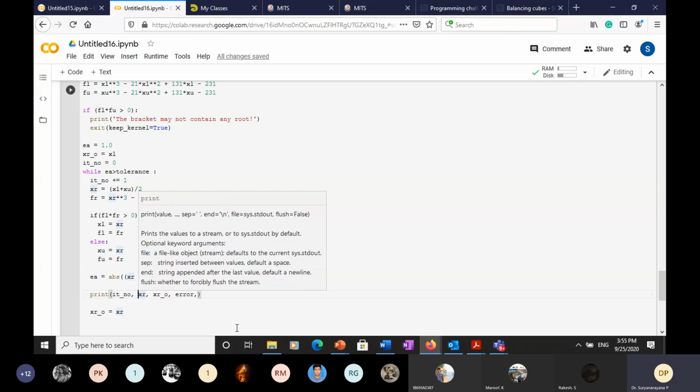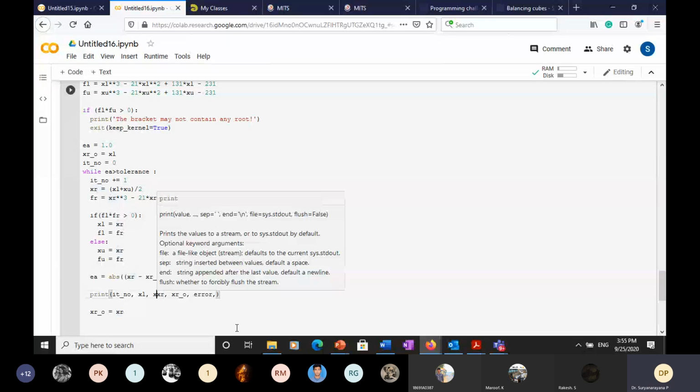I'll print XL, comma, XU, comma. Okay, and I think this will not look good if I don't do the rounding.